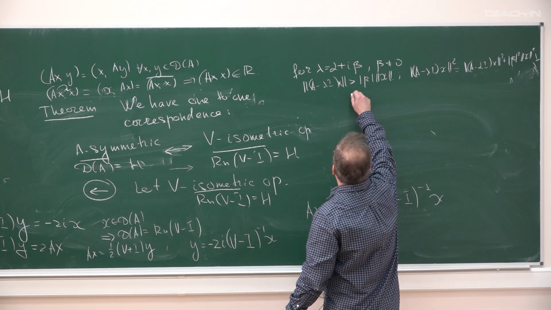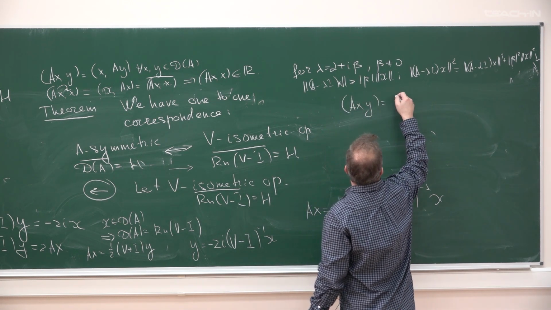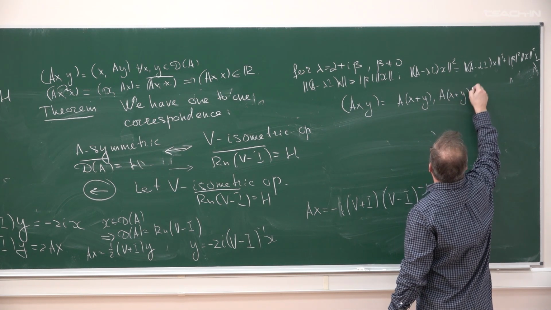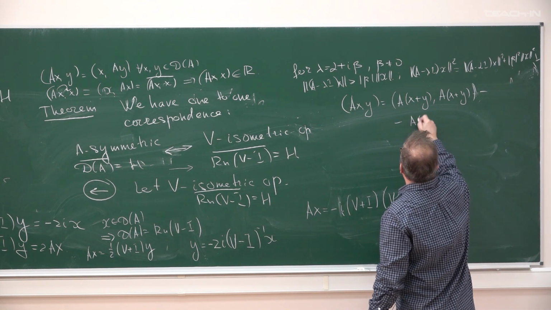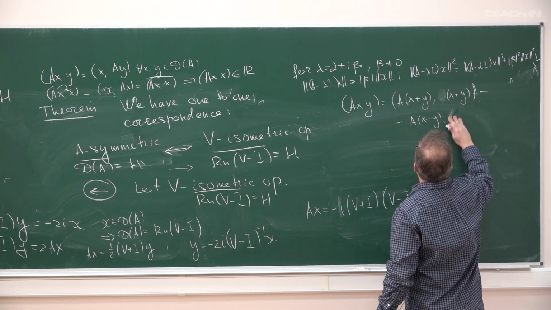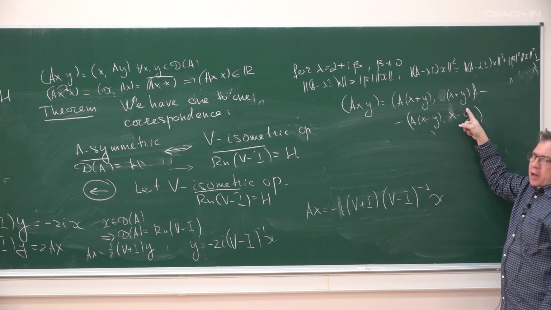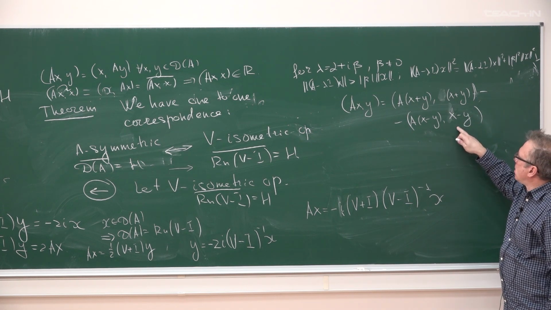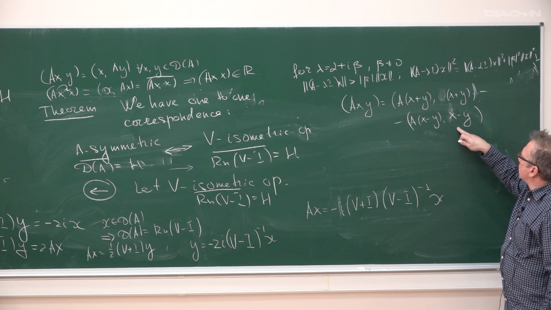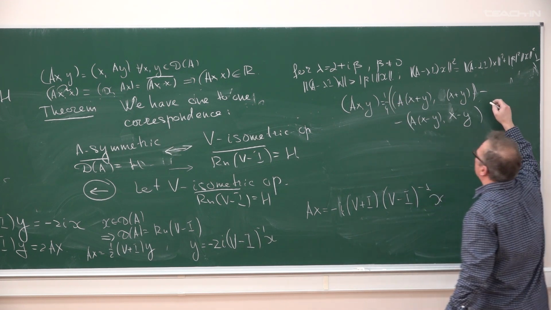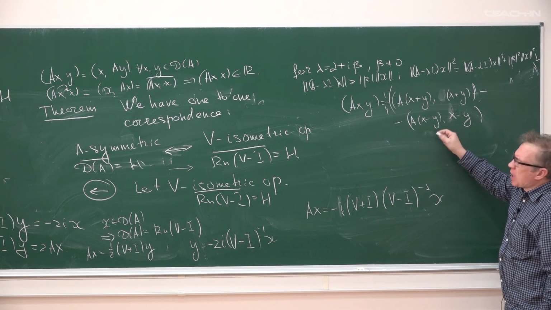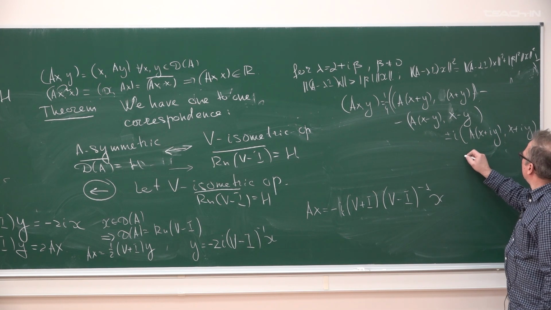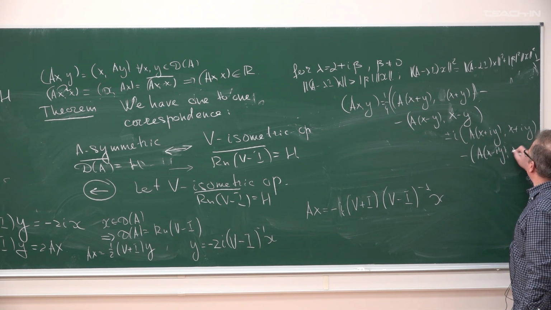It is a long formula, but look, I write quadratic forms: 1/4, a very long formula here, I might forget, but like plus or minus A(x plus iy, x plus iy) minus A(x minus iy, x minus iy).